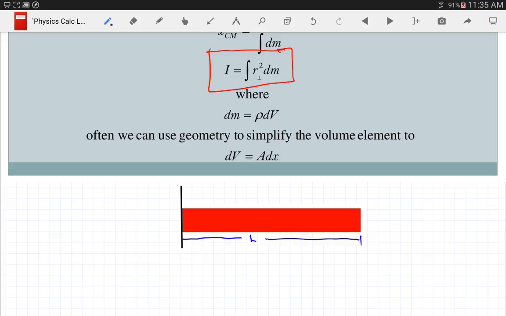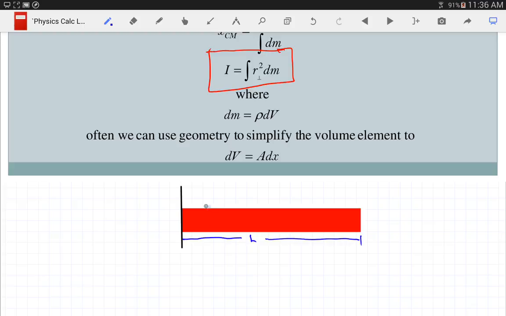and a non-uniform density. Now, this rod, everything in reality has a volumetric density. That's a mass per unit volume, because everything in reality is three-dimensional. But to simplify our problems, we might say, okay, this rod is going to be uniform in cross-section.